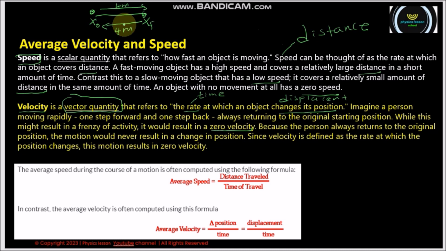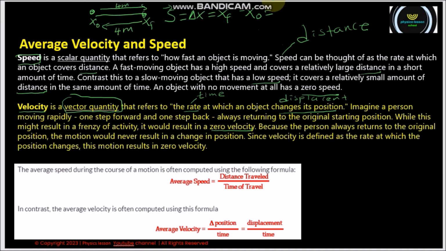Then the displacement is equal to the change in position, which is the final position minus the initial position.